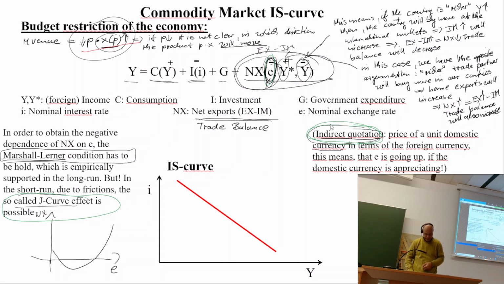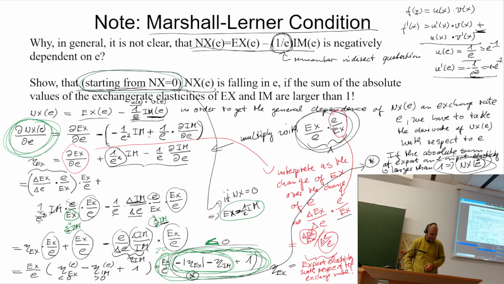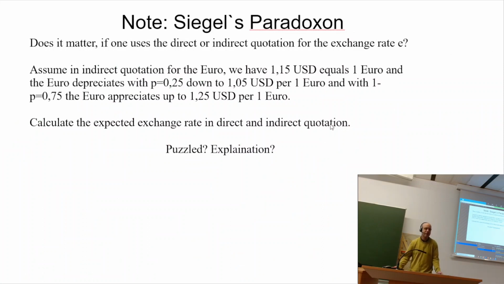But in the 1970s, Jeremy Siegel was the first guy who described an effect that if we take expectations, and this we are doing always when we are looking at the economy, because always we have some idea where the exchange rate will be tomorrow, it matters if we take the expectation with respect to the direct quotation, or with respect to the indirect quotation.